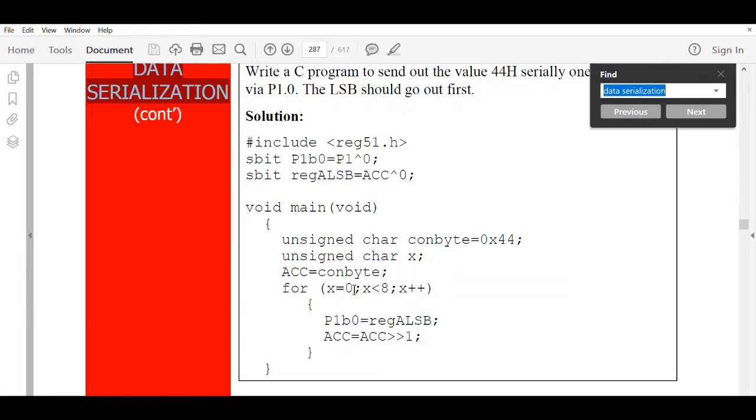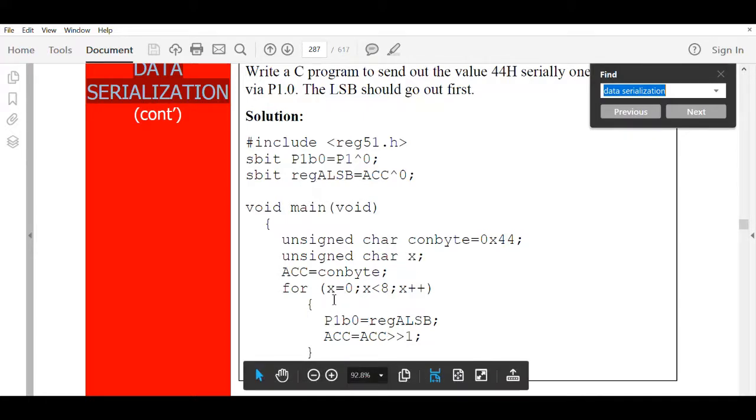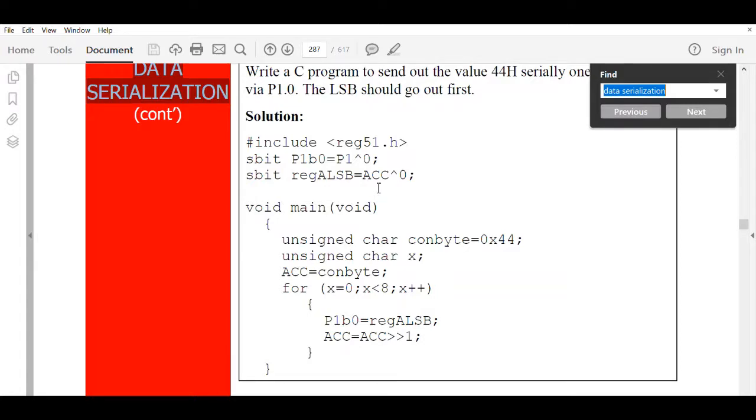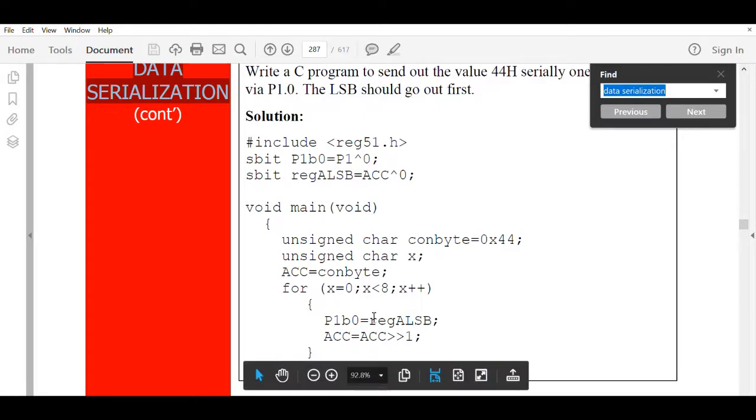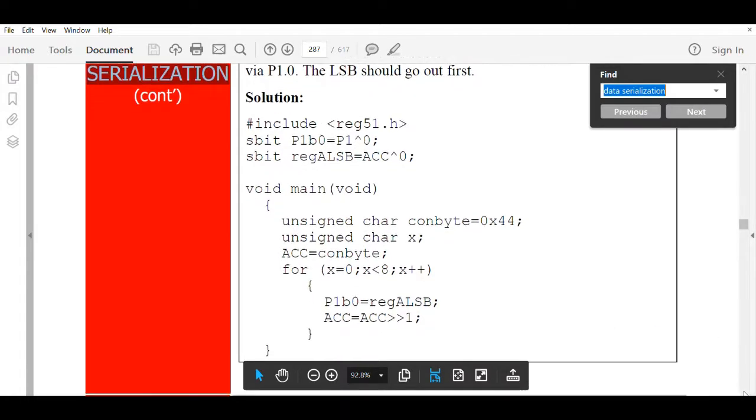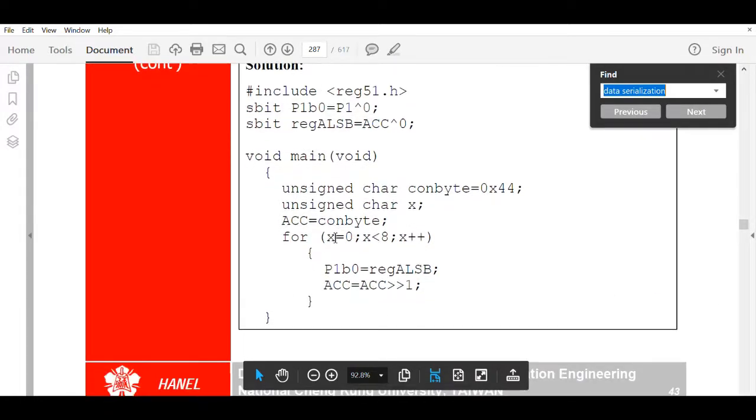You're incrementing x from 0 to 7 and moving the accumulator LSB to P10. So the first bit goes to P10, then you're shifting it to the right, and this will continue for all the 8 bits.